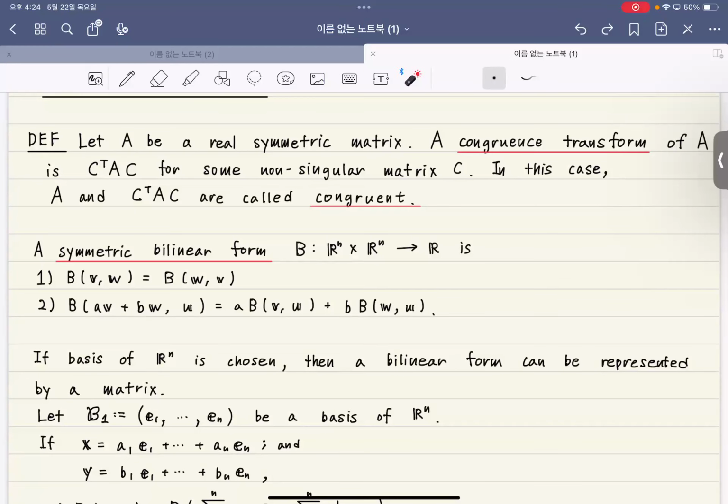And two different matrices are representing the same linear transformation if and only if they are similar to each other, right? That is why we care so much about the similarity transformation. And the same thing is true here.